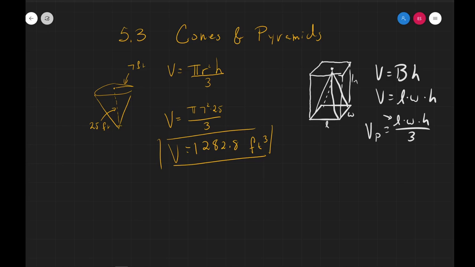All right, so let's take a look at an example. Let's say we wanted to find out how much rock is in the Great Pyramid of Giza. Let's say we have our Great Pyramid of Giza, sitting out in Egypt, and we want to find how many cubic feet of rock are in this Great Pyramid.